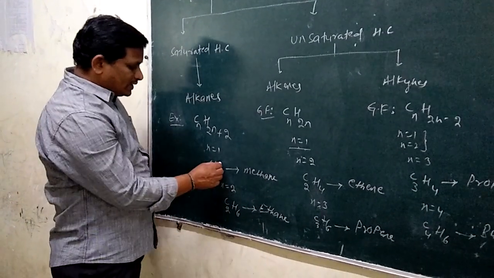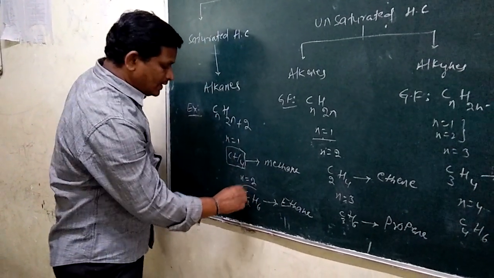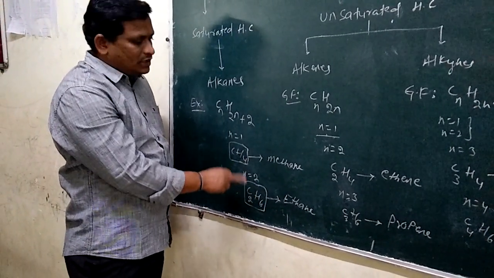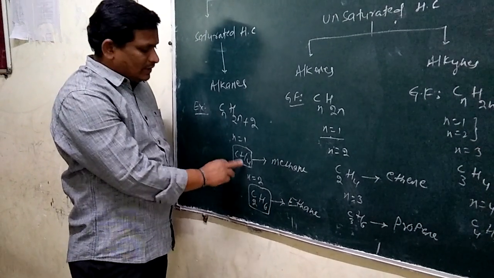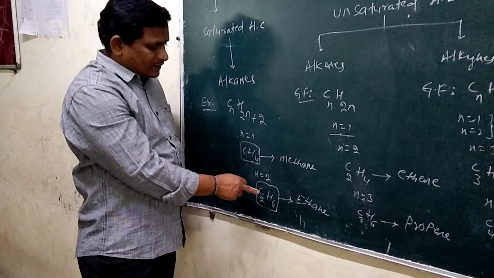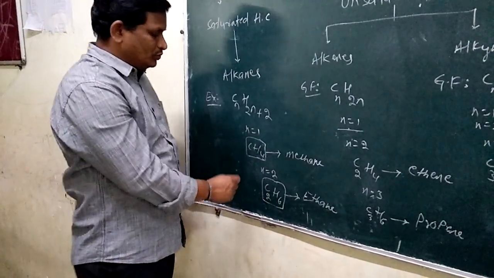Now, for example, let us consider methane CH4 and ethane C2H6. These two are present in a homologous series. Homologous series means in a series the successive two compounds differ by a CH2 group.